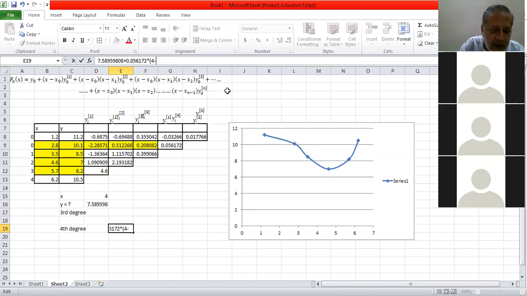X minus x naught, x minus x1, x minus x2 is 4.6. ये 3 प्रोडक्ट आ गए जो पिछली वाली टर्म में भी थे. अब एक प्रोडक्ट और लिखना है हमने. 4 माइनस नेक्स्ट x वैल्यू 4.6 के बाद 5.7.